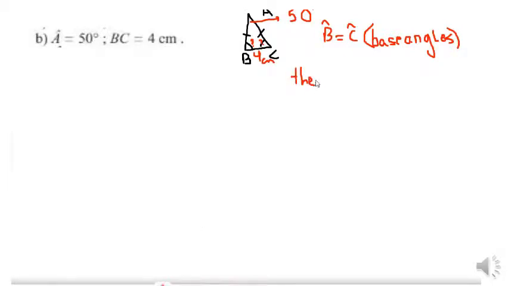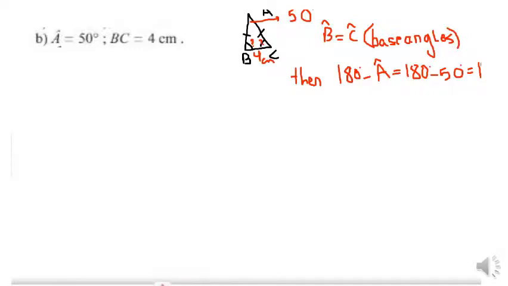First of all, let's subtract 180 minus angle A. Okay, we have to remove the measure of angle A as we did before. And the answer, we have to divide it by 2. Why? Because we have two equal base angles. So 180 minus angle A, 180 minus 50 degrees, which will give me 130 degrees.